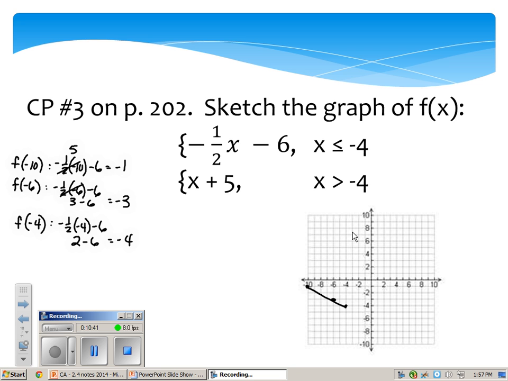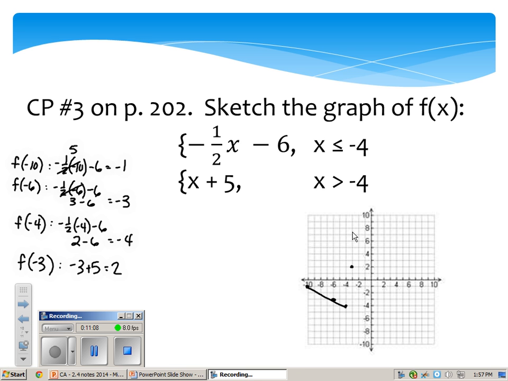Now when we move on into some values that are greater than -4, we might have to take that into consideration. Let's pick f of -3. Okay, now we're on to that other function. -3 plus 5 is 2. So -3, 2 is a point.